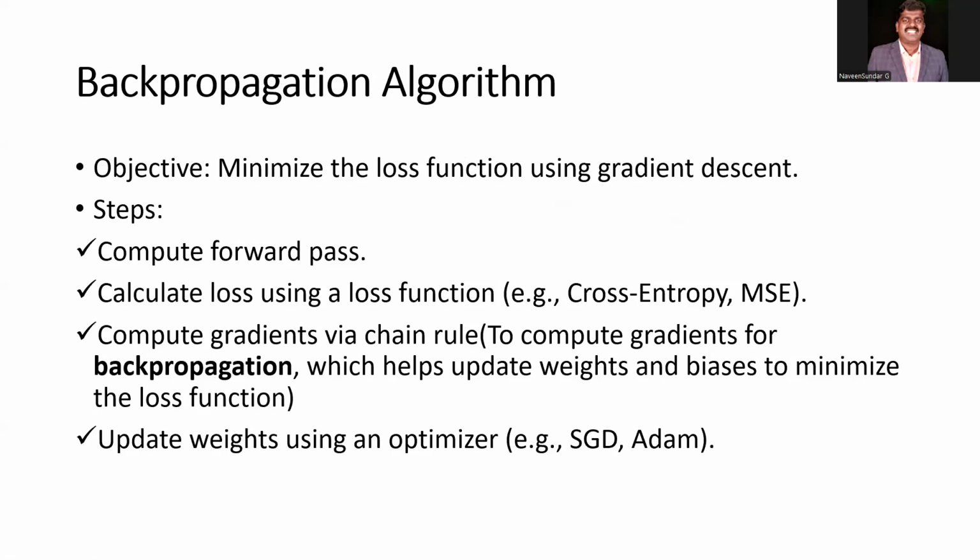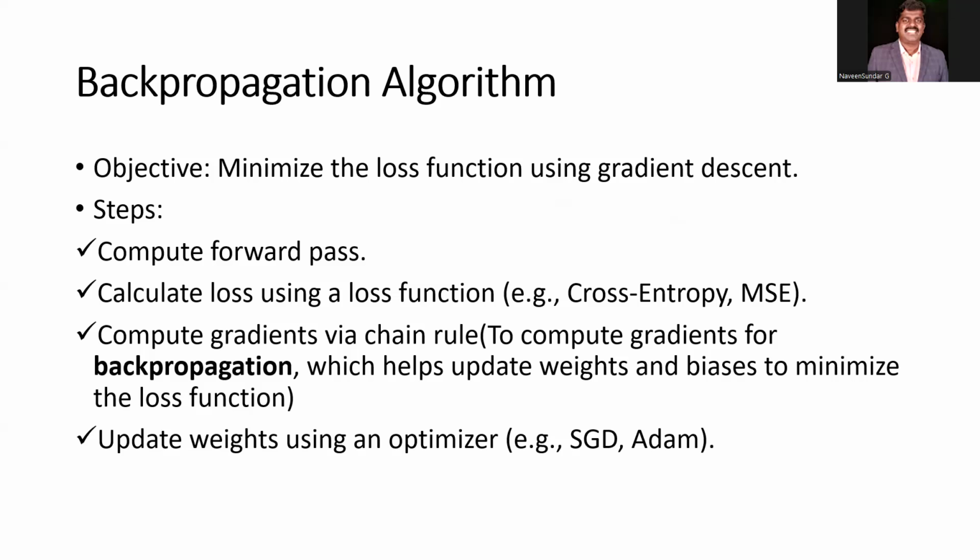In back propagation, first we have to minimize the loss function using gradient descent. What are the steps for it? The main objective is to minimize the loss function, and first we have to do the forward pass.